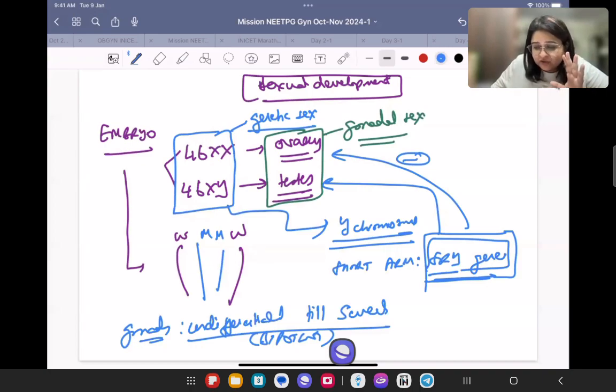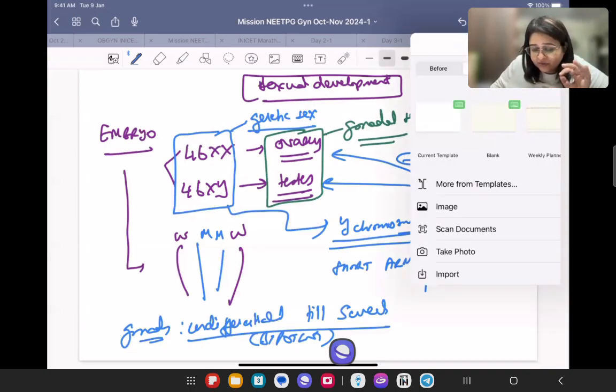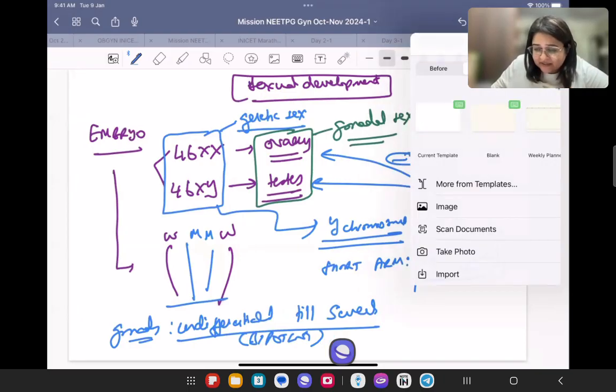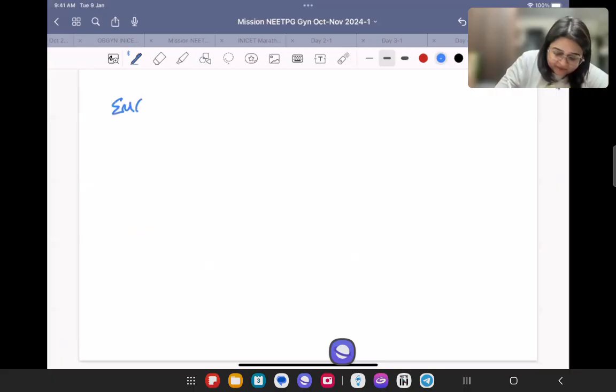Now let's continue. So let's talk about 8 weeks. The internal genitalia is bipotent till 8 weeks and the external genitalia is bipotent till 9 weeks. So remember, in the embryo, the gonads are bipotent till 5 weeks.